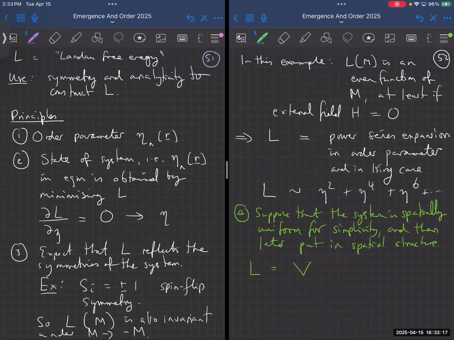We can't even see the existence of the lattice sites. So we'll just say it's the volume of the system times a Landau free energy density.